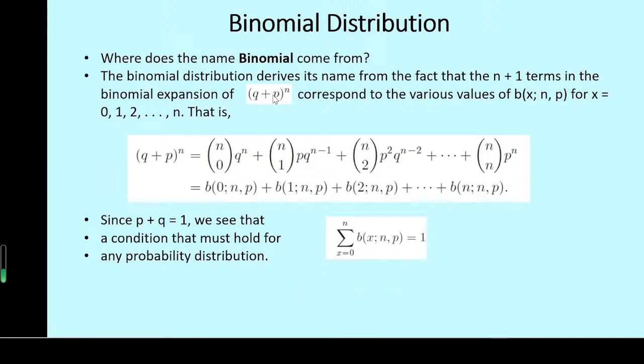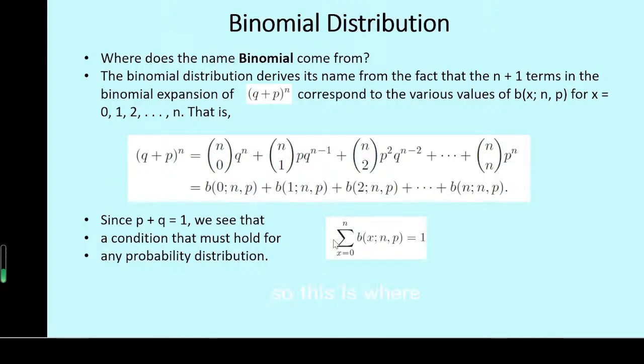If we expand (q plus p) to the power n, it is C(n, 0) q^n plus C(n, 1) p q^(n-1) and so on, until C(n, n) p^n. So each term is actually a binomial distribution random variable's probability. When p plus q equals 1, each term is a probability, right?